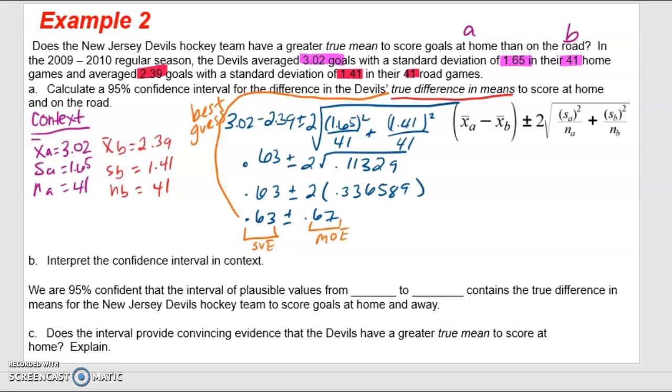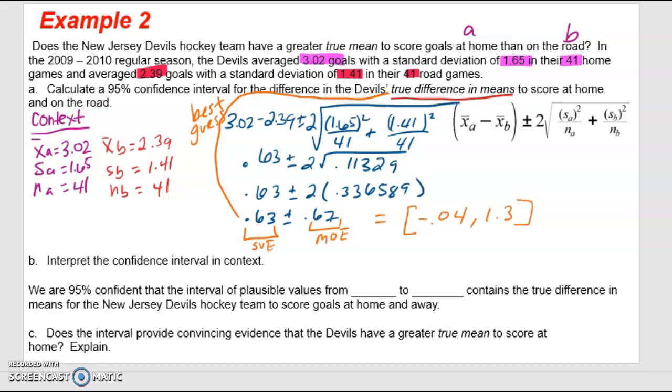So I think they score 0.63, but it could be within 0.67 of that value. Okay, my actual interval is negative 0.04 to 1.3. Okay, that's my interval. If you get something a little bit different, or maybe you get negative 0.05, that's probably the same answer. Again, it's just likely due to the rounding that you did.